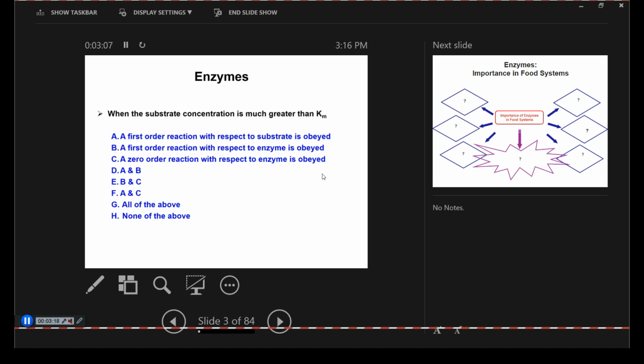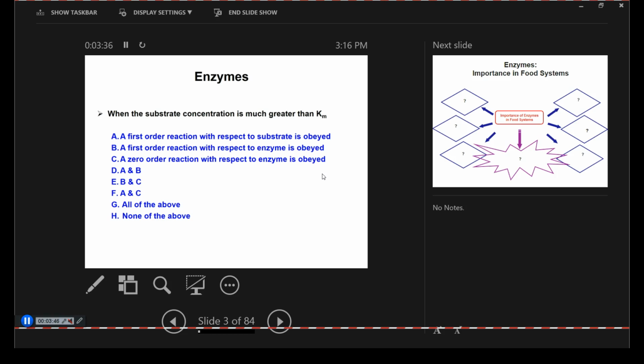If you just tell me Michaelis-Menten, you will get a very small portion of the grade. You need to say it is the concentration of the substrate at Vmax over 2, and you also need to say that it indicates the affinity of the enzyme to the substrate. This is how you need to describe Km, and we'll talk about that in detail later.